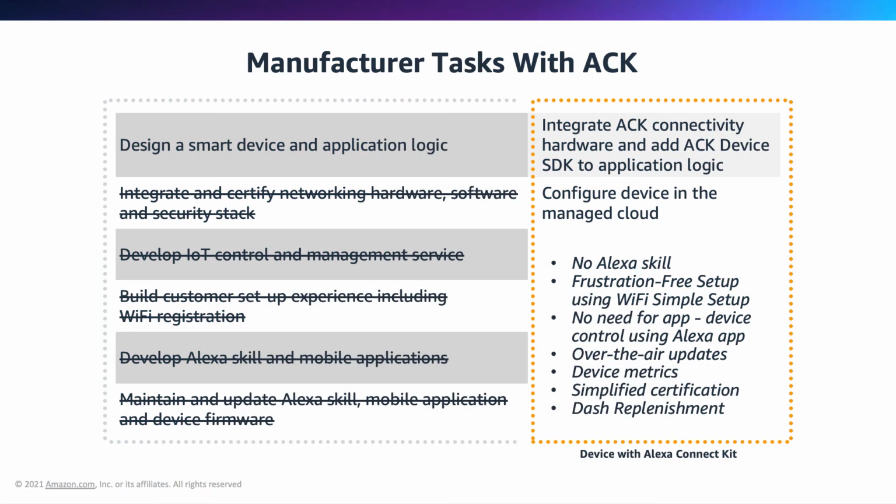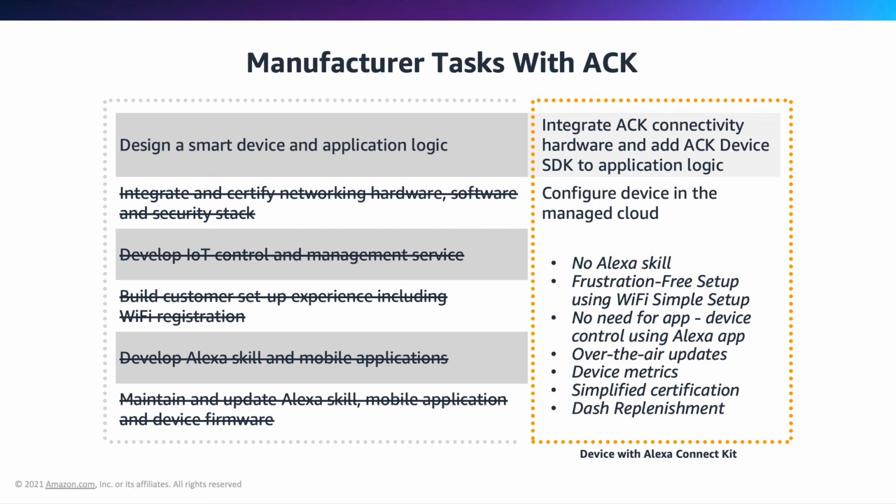With ACK, to build a connected product, a manufacturer needs to define device interaction using Alexa capabilities, integrate the pre-certified ACK connectivity module into their product, and add logic to their device that responds to commands from that module, for example, turn on the motor or adjust the brightness of the LED.